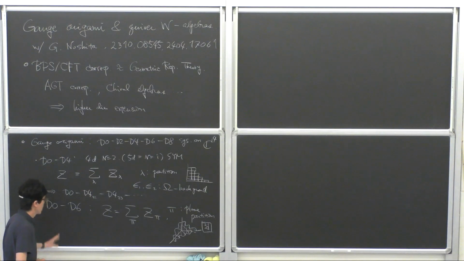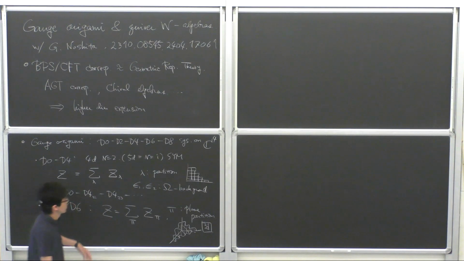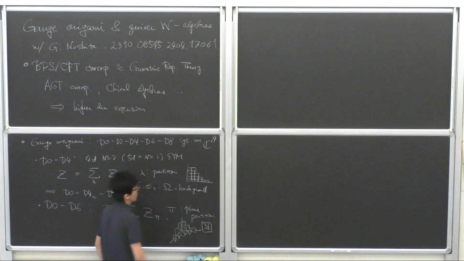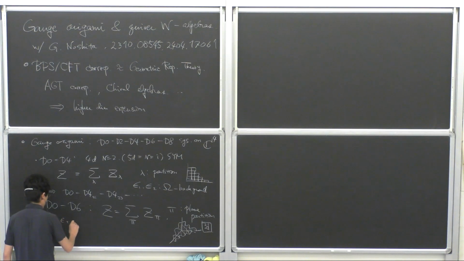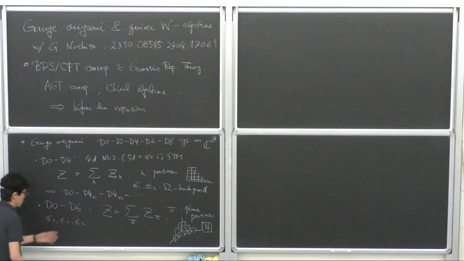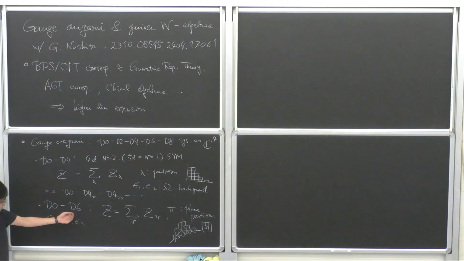Okay, so now we have in total 4 epsilon parameters. Compared to the Calabi-Yau 3-fold case, for example, for the D6 plane on C1, C2, C3, we naturally have epsilon 1, epsilon 2, epsilon 3.